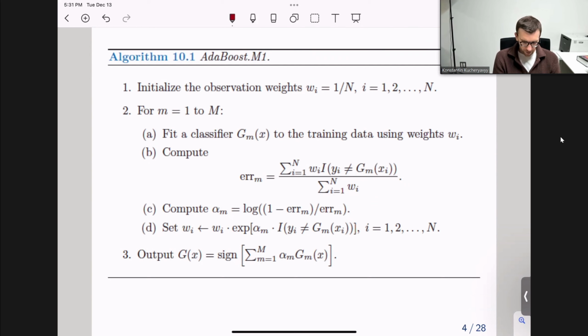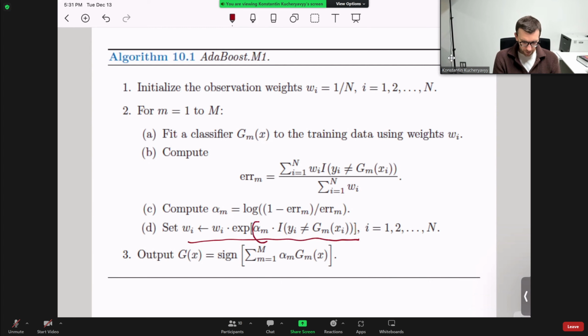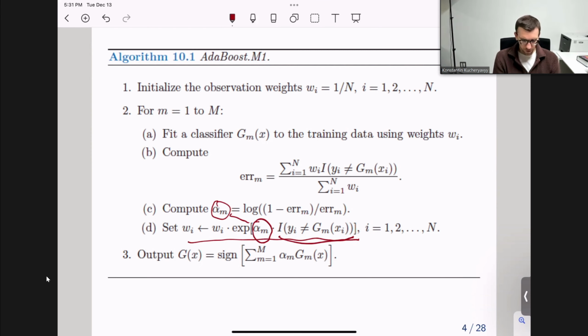Then we recalculate the weights, where we apply this weight alpha_m calculated here, and the indicator function of whether we classify this observation or not. If we classify it correctly on this iteration, then we don't modify the weight. Otherwise, we increase the weight. Then, as I said, the output will be just the sign of the sum of these classifiers.